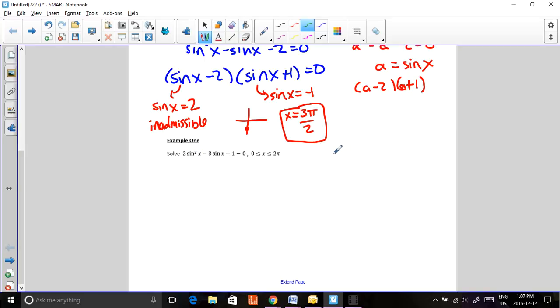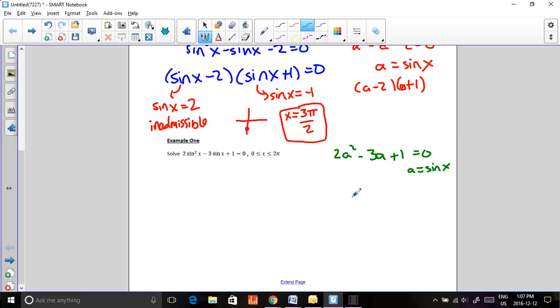It helps me to make it look like a quadratic first. So this is like having 2a squared minus 3a plus 1 equals 0, where a is actually equal to sine x. If you were to factor that, you would use decomposition. What multiplies to 2 and adds to -3?